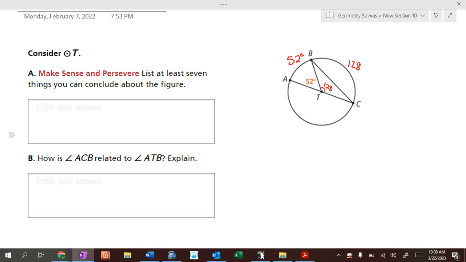Some other things that we know are all radii of a circle are equal. So this is equal to this, which is equal to this, and all of a sudden, I have what type of triangle is BTC?